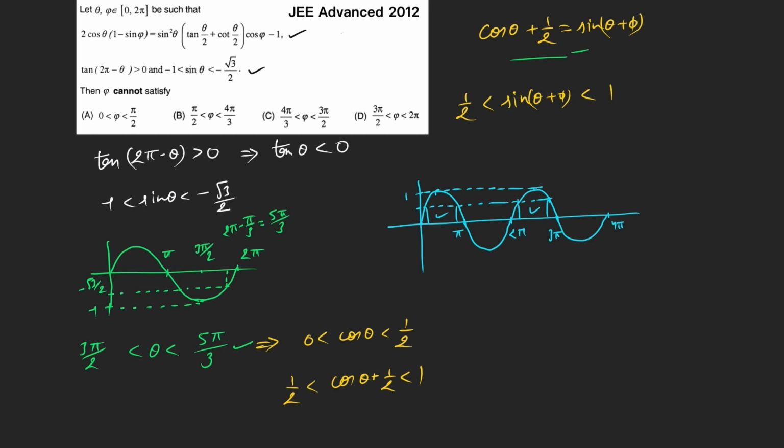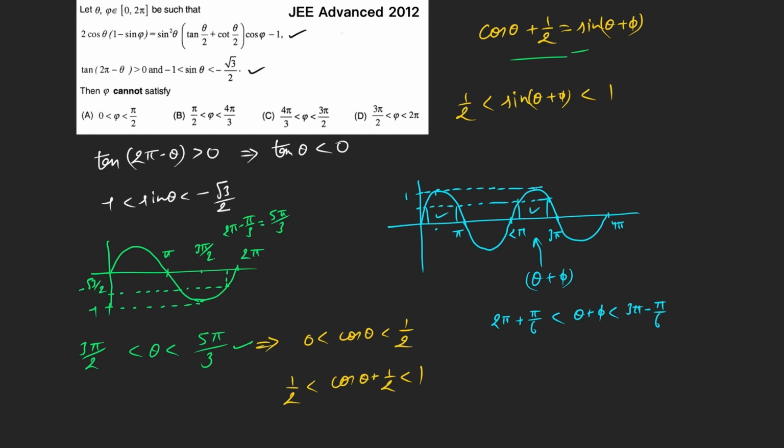But we can see that our theta is greater than 3 pi by 2. So if our theta plus phi is in this range, then our phi will be negative. Therefore, our theta plus phi should lie in this range. And this range we can easily determine, which is 2 pi plus pi by 6 and 3 pi minus pi by 6.